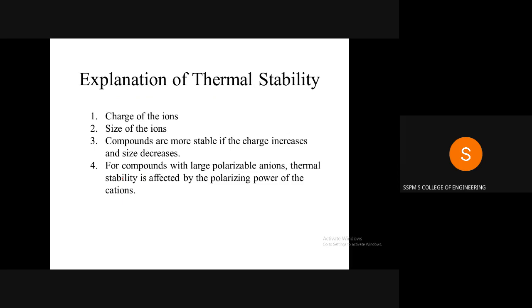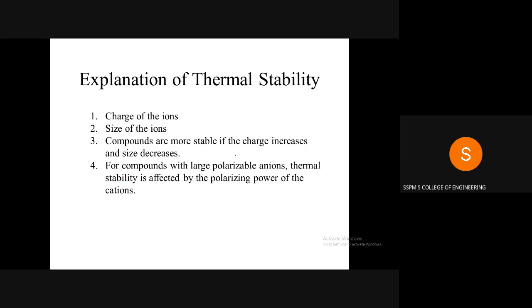So the explanation of thermal stability: charge of the ions and size of ions. If charge increases, thermal stability increases. Compounds are more stable if the charge increases and size decreases. साईज कमी असली पाहिजे तेव्हा कंपाऊंड जास्त स्टेबल असेल आणि चार्ज इन्क्रीज असला पाहिजे. +2, +1, +3.